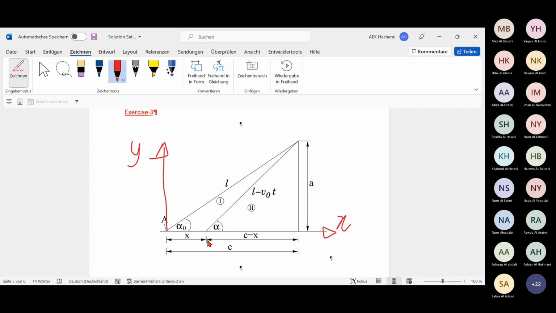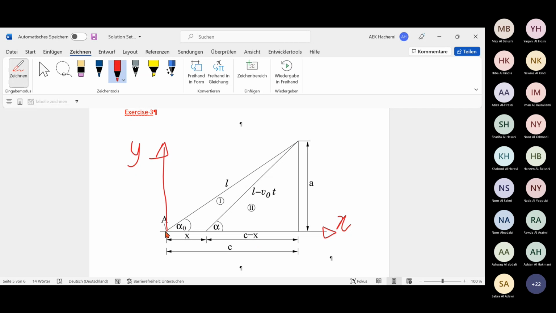Now, at a certain position X, we have the velocity acting on the cable. Then C is given. At this position X, we are looking for it, and we have here the rest, it's only C minus X.